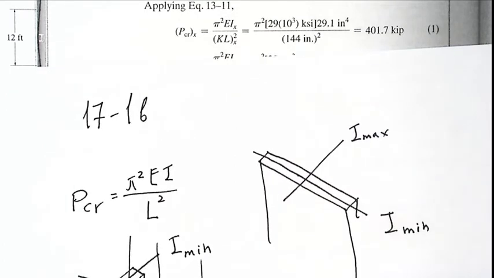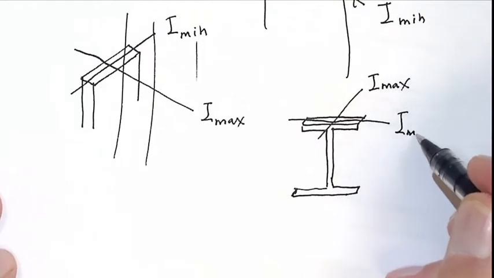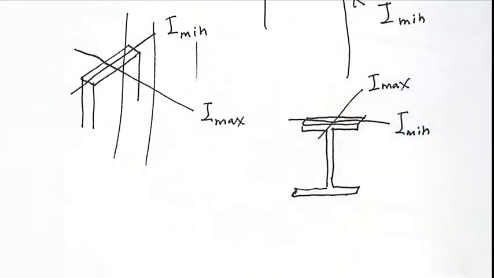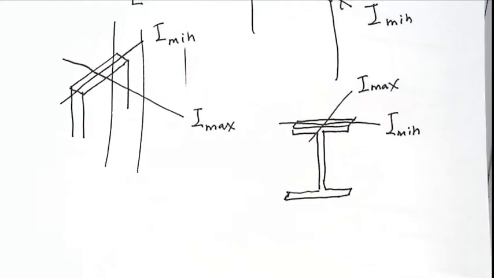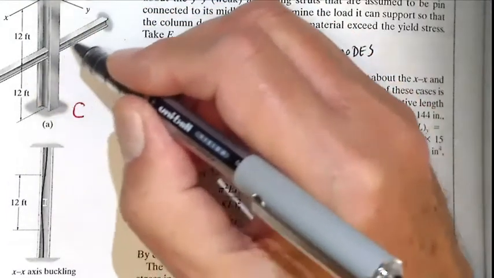Likewise, when we have an I beam, there is I max here, and that is I min. So if we don't do the bracing, then there will be buckling in the YY direction, so we are doing this brace.